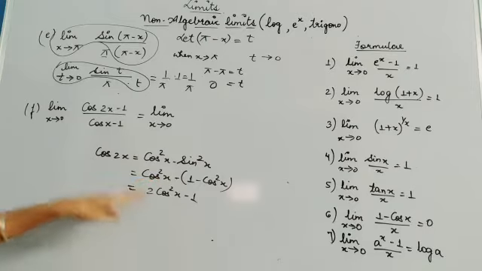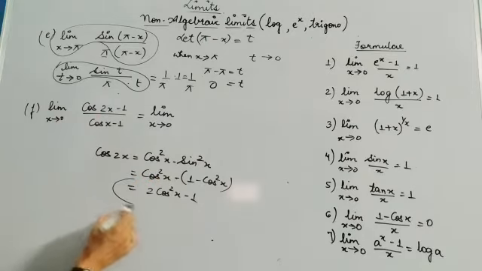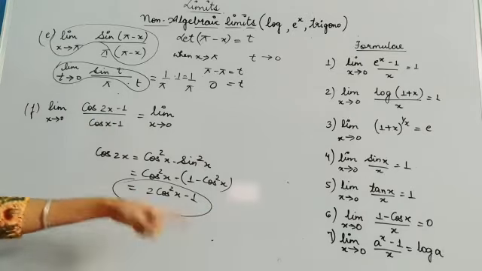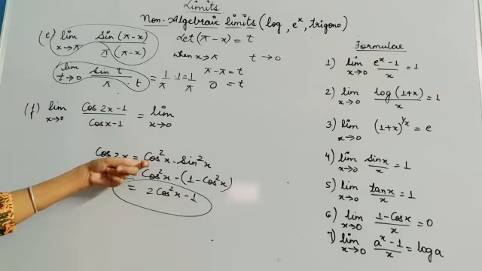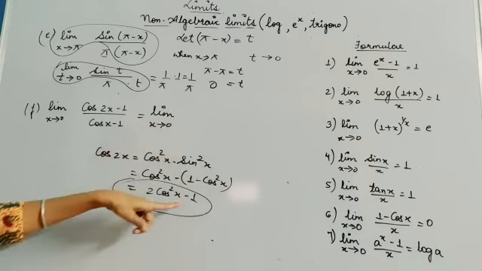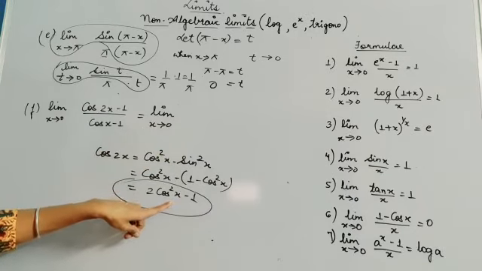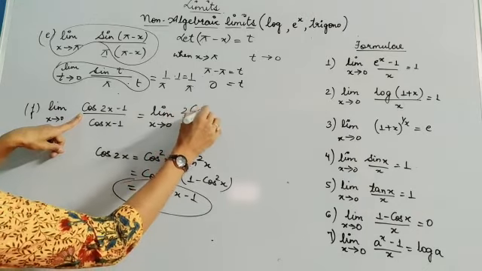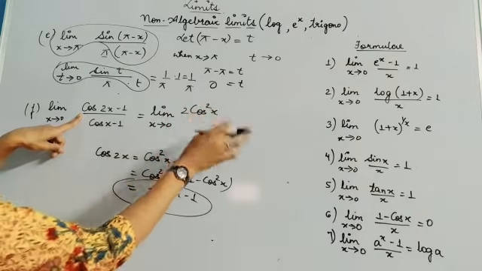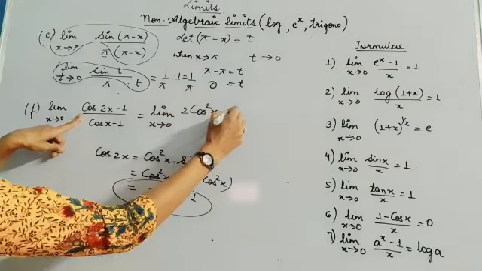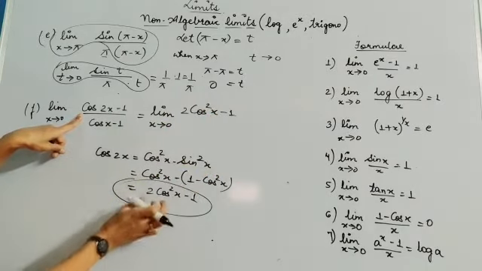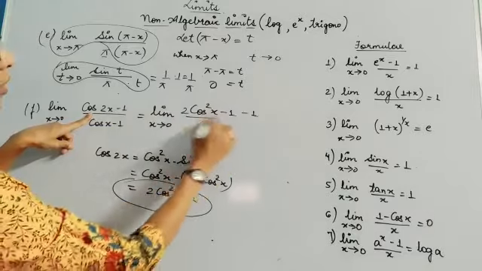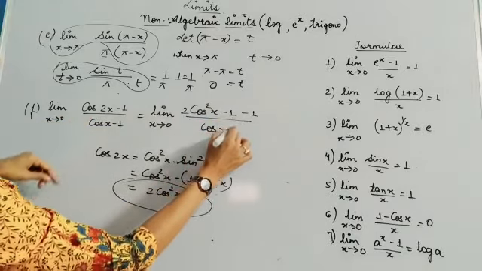So for cos 2x, I can write the direct formula, which is 2 cos square x minus 1, or if you take cos square x minus sin square x, then after conversion you will also get this. So in place of cos 2x, I am using the form in which only the cos x term is used. This is 2 cos square x minus 1 for cos 2x minus 1, whole upon cos x minus 1.